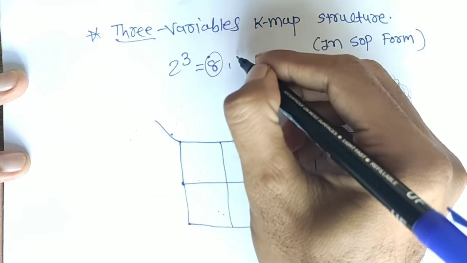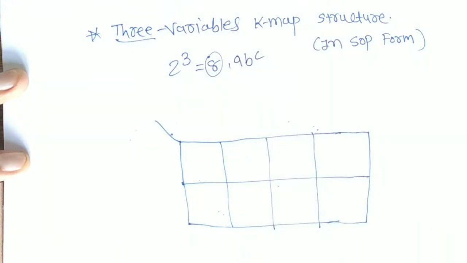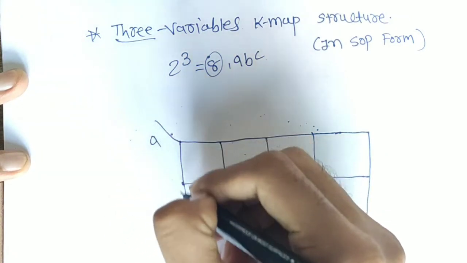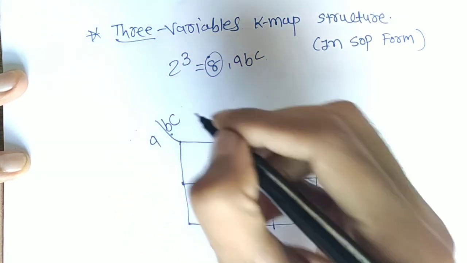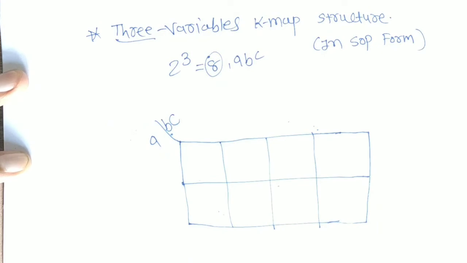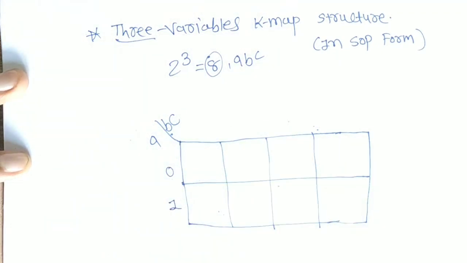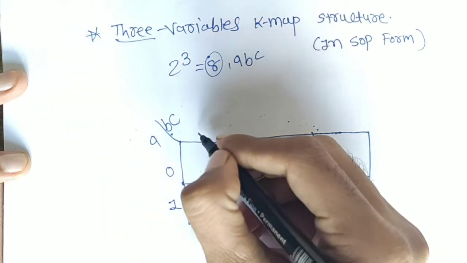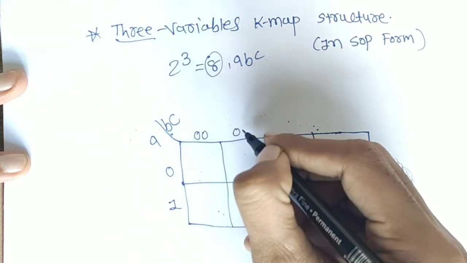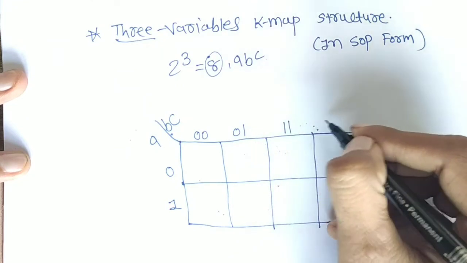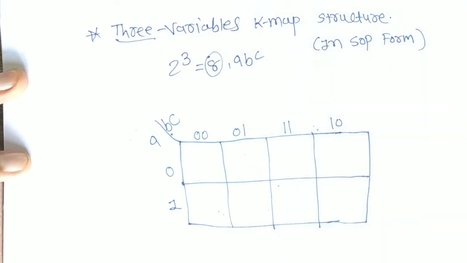Suppose the 3 variables are represented as A, B and C. Right? So this is A and this is B and C. The first one is A, which is either 0 or 1. Here it is 0 0, 0 1, 1 1 and 1 0. Right?